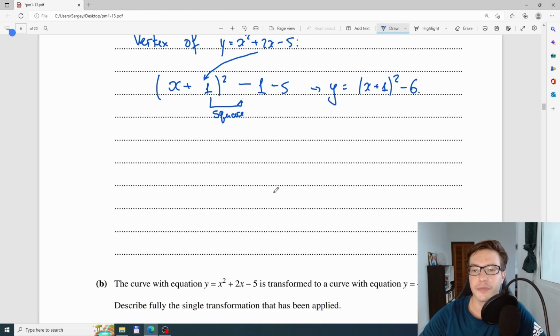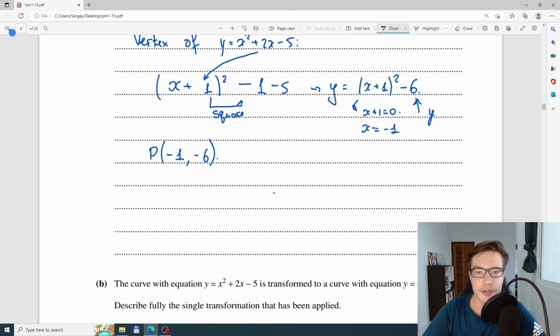Okay, and from here, we can equate the bracket to 0. X plus 1 equals to 0, so x equals to minus 1, and the y-coordinate of the vertex is here, it's minus 6. So the vertex is, let's call it point P, (minus 1, minus 6).